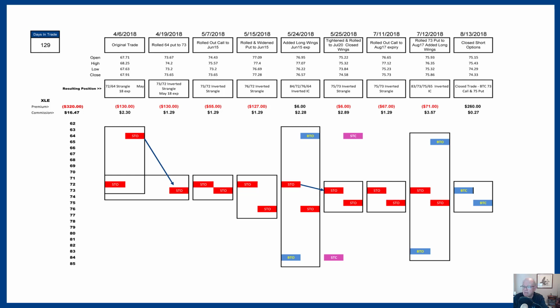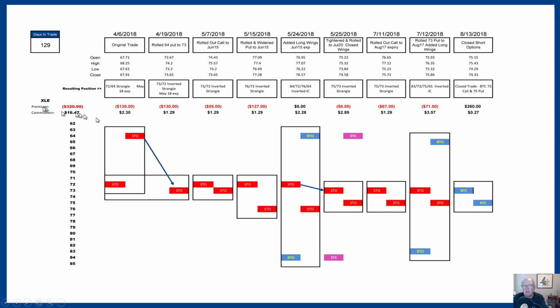I just did that, and I rolled it out at that time to August, and for that trade I collected $71. A month later, on August 13th, I finally just closed the 2 short strikes. I let the wings just expire. They were worthless. There's no value, no bid on those, so I just let them expire. I closed this trade out for $260.